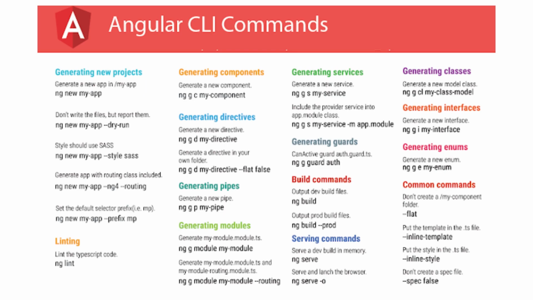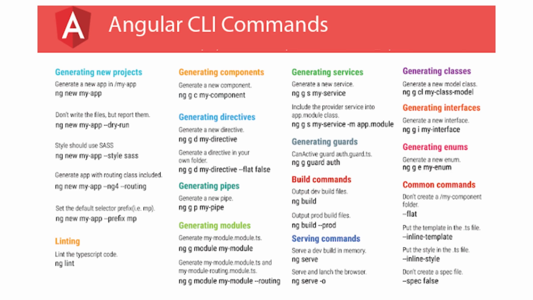To differentiate between a class and a component, we have cl. So ng generate cl is nothing but class, followed by the name of the class, like my class model. If it is a component, it is ng g c and the component name.